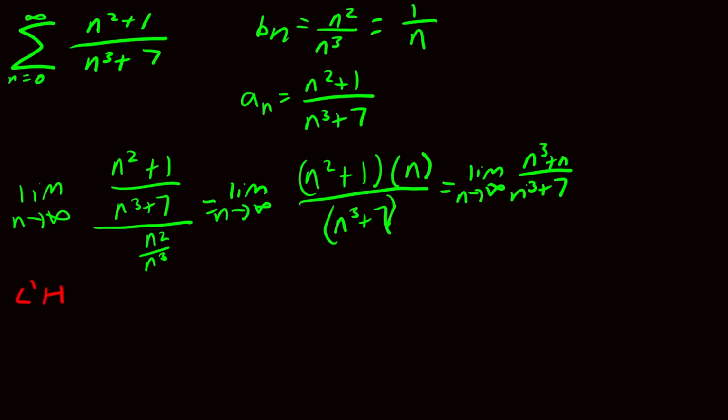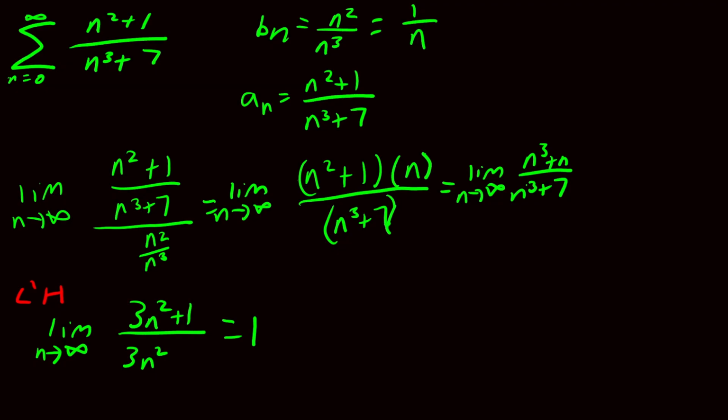So the limit as n goes to infinity of 3n squared plus 1 over 3n squared. Again, infinity over infinity. Eventually we're going to get 1, right? Because it's going to be 6n over 6n, and then eventually 6 over 6, which is 1. If you guys don't believe me, you can always do it out.